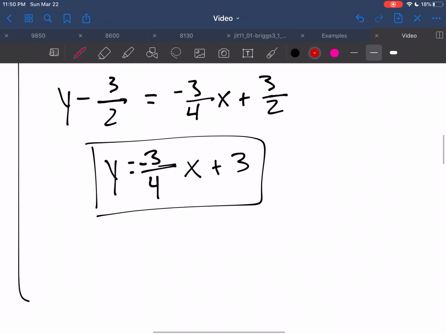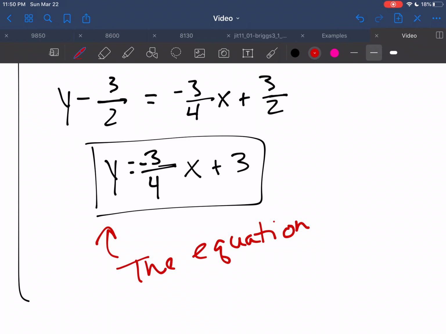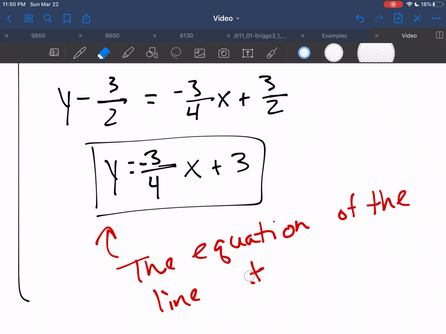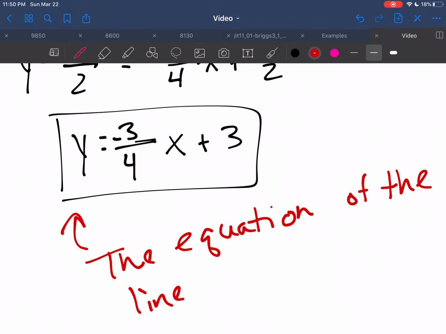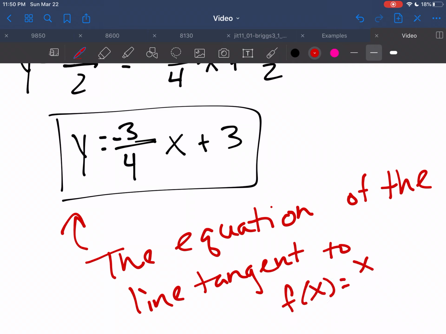Okay, and what we get is our equation of the line that is tangent to f of x equal to 3 over x.